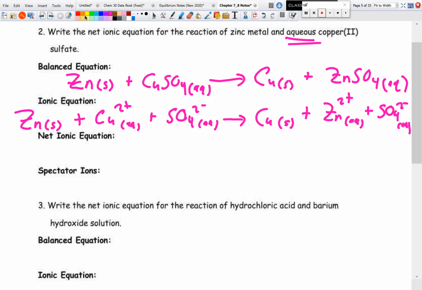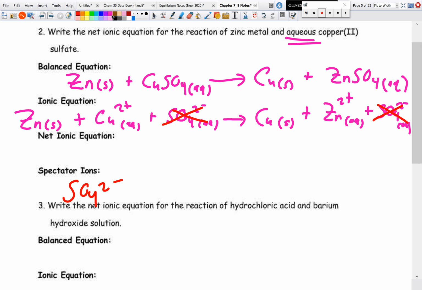Now a quick scan, we will see zinc going from zinc solid to zinc 2 plus. That is a change. We're starting with a solid element turning into an aqueous ion. We see copper 2 plus, an aqueous ion, turning into copper solid. That is a change. Sulfate, SO4 2- aqueous, on the other side, SO4 2- aqueous. Sulfate did nothing.